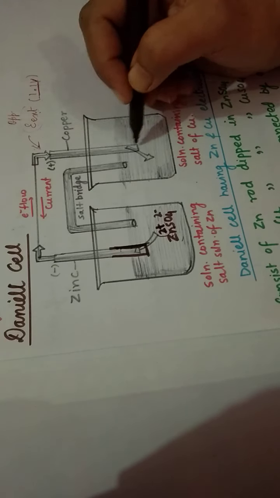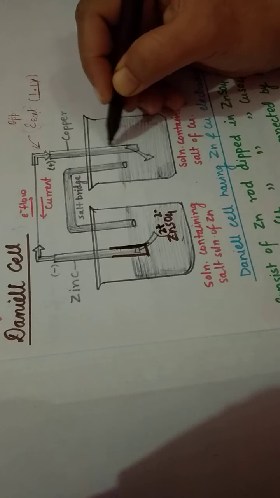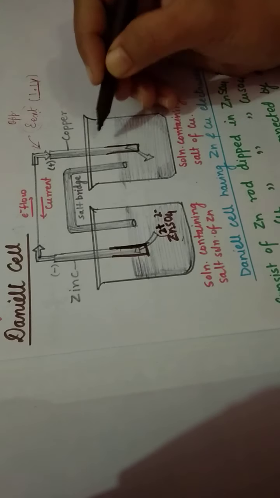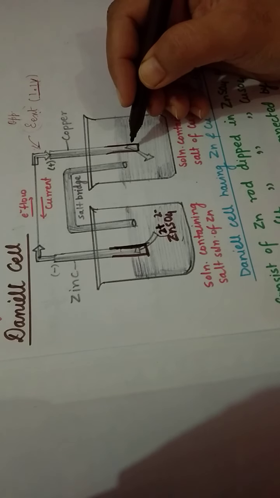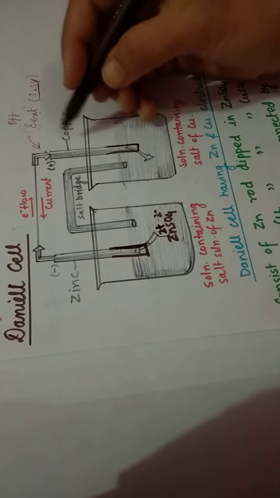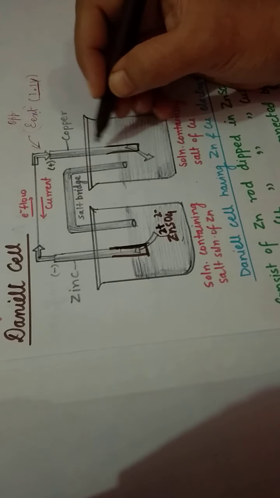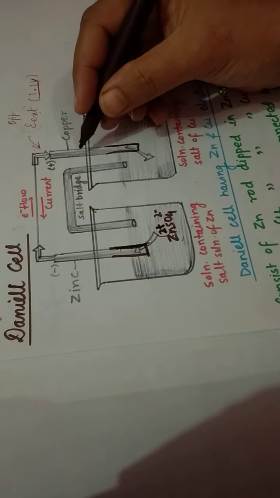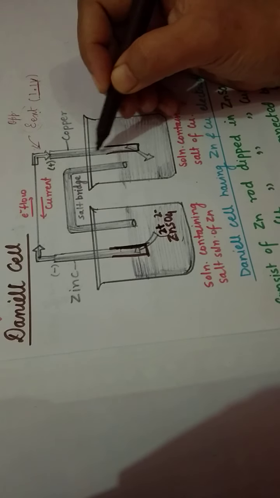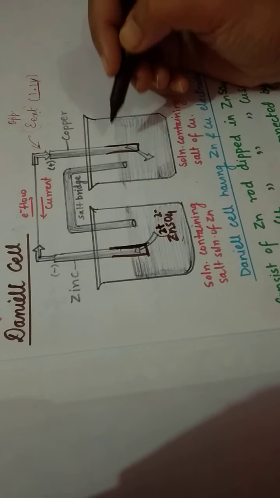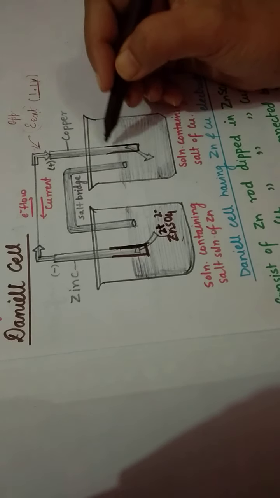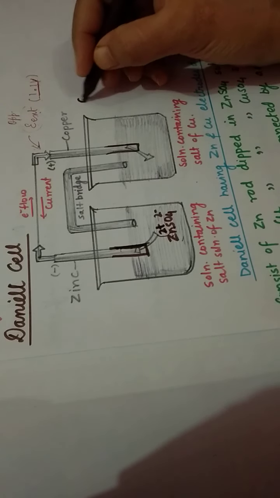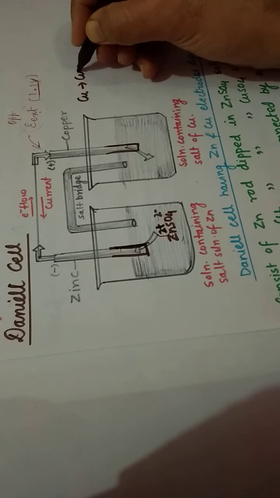Similarly, this metal electrode of copper has a tendency to lose electrons, so when this metal electrode loses electrons, it will become negatively charged.